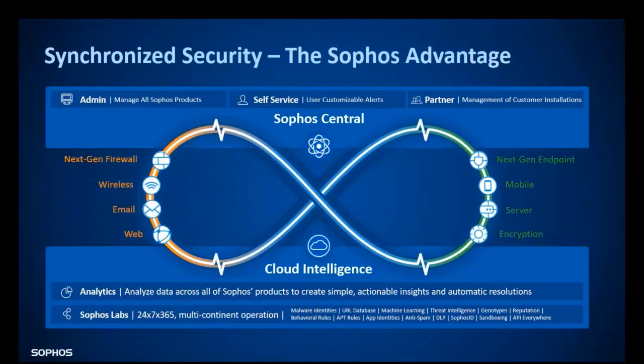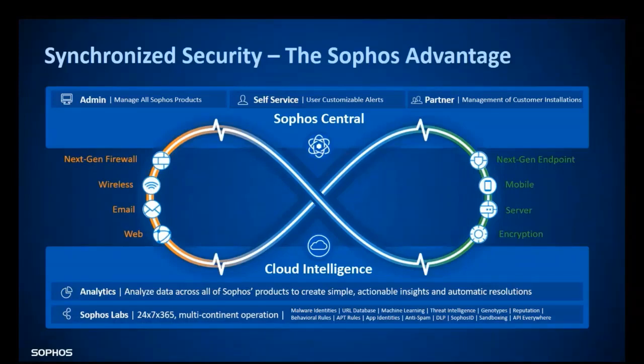Now, not only that, we talked about 2 slides ago about the time that IT companies spend detecting issues and then acting on them. What Sophos offers, and that's unique in the market, is synchronized security, where you can have an automated response to attacks. Our endpoint can talk to the firewall to isolate an attacked endpoint so that it is not communicating outside to attackers.